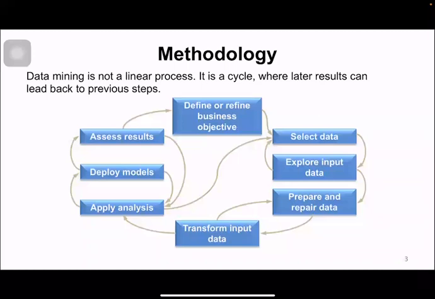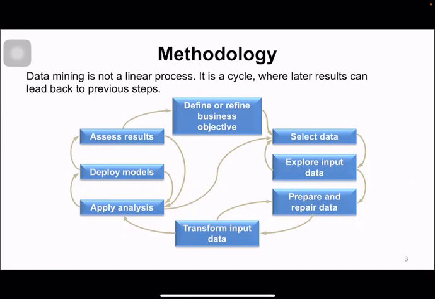And then we can go ahead and select data. As you can see, this is not a linear process. We can see arrows going back and forth. So after you select data, you explore the input data and then prepare and repair the data, because sometimes people may complain the data is not clean and has some issues, and it cannot be readily used for the analytic model.